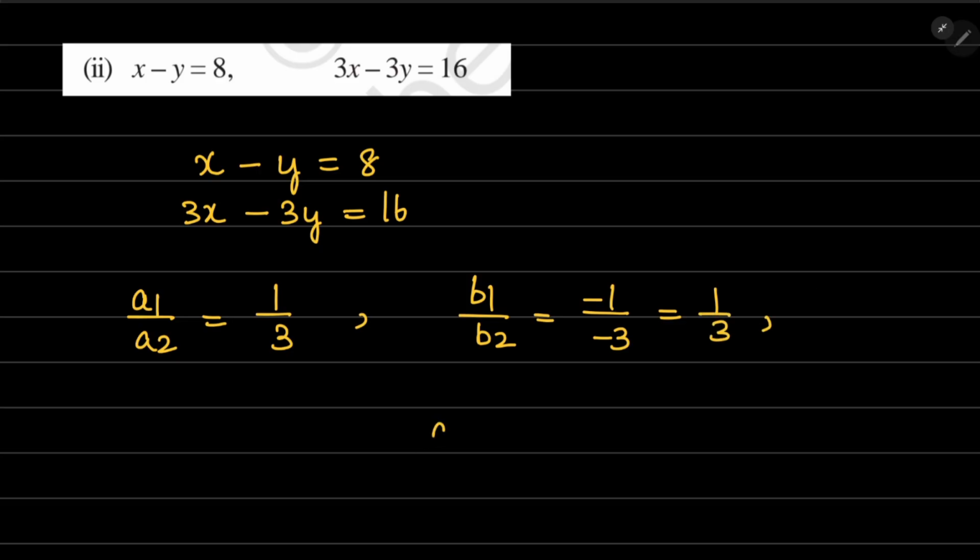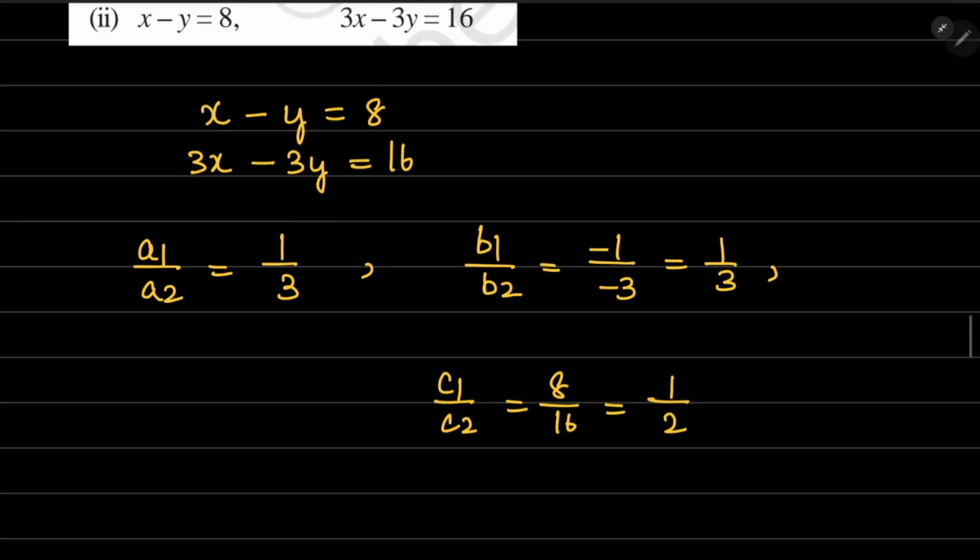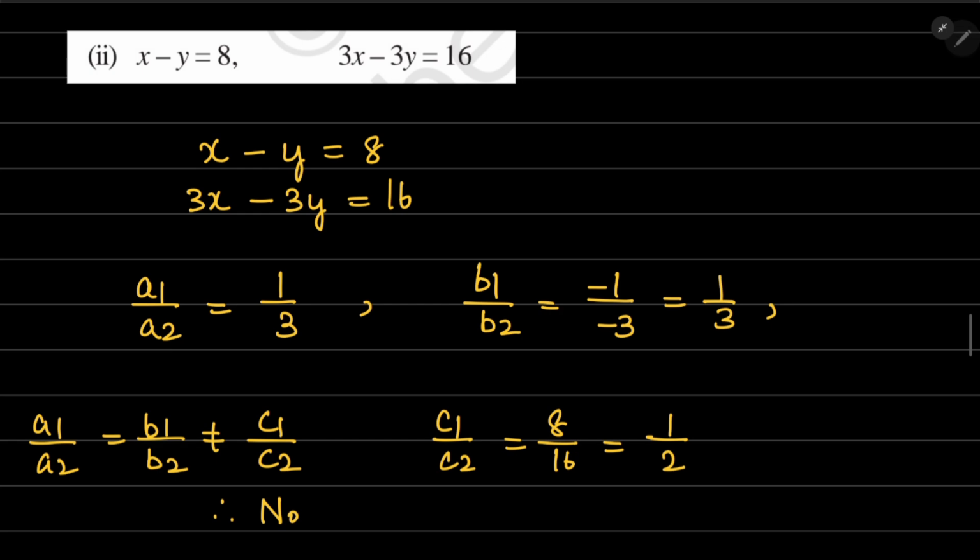But your c1 by c2 is nothing but 8 by 16, which is 1 by 2. So what do you observe here? We can say that a1 by a2 is equal to b1 by b2, but this is not equal to c1 by c2.